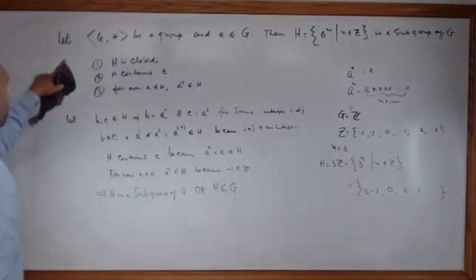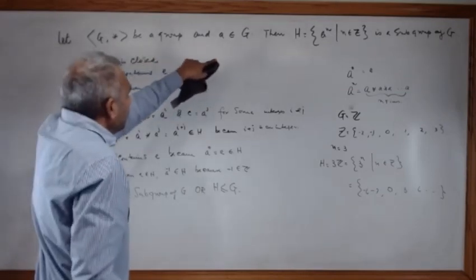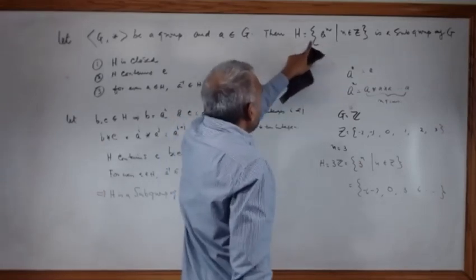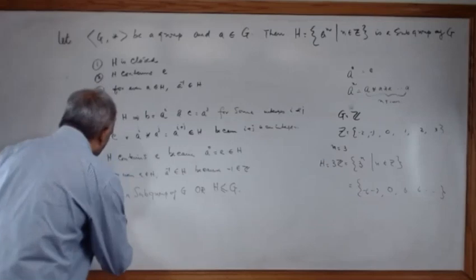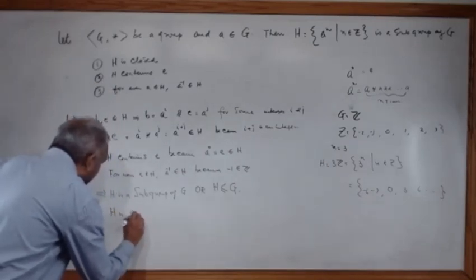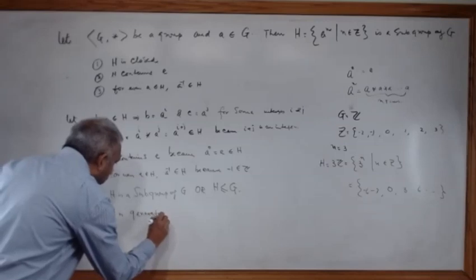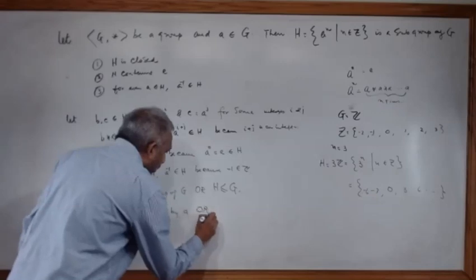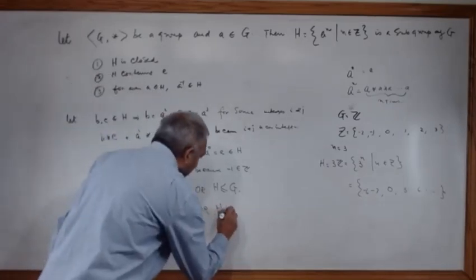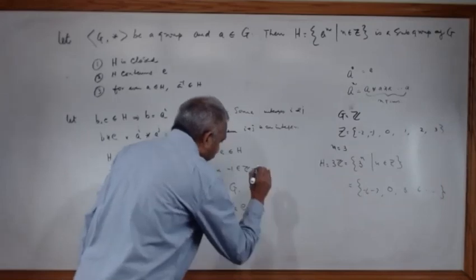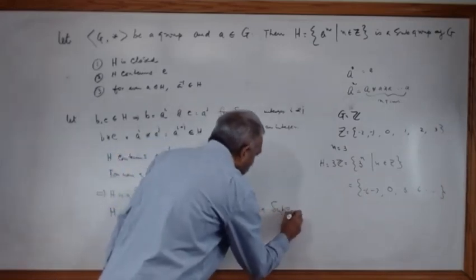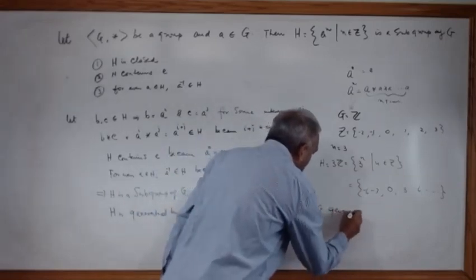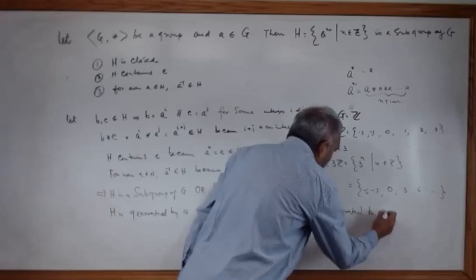So that means every element of H is some power of a. Meaning, in this case, H is generated by a. Or we'll say that H is a cyclic subgroup of G generated by a.